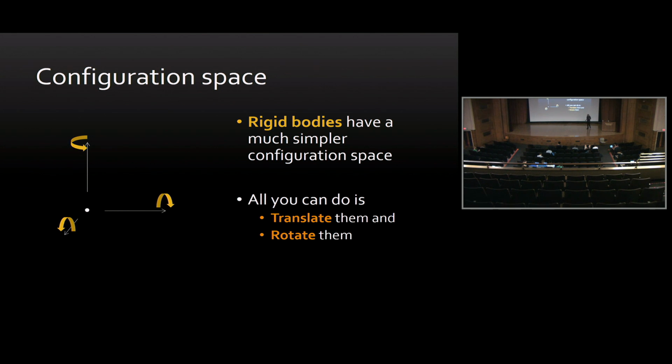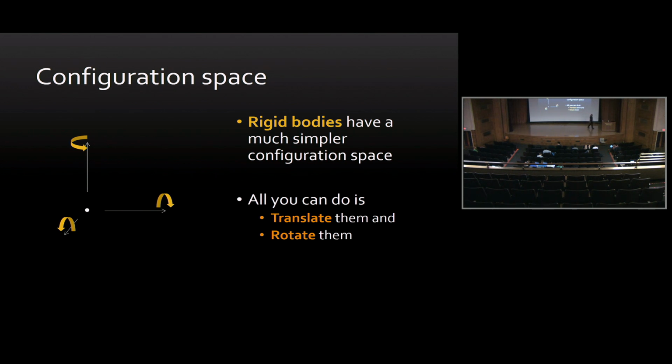When we think about objects in 3D in games, we're usually thinking about rigid bodies or articulated rigid bodies, i.e. stuff like this. And rigid bodies, single rigid bodies that aren't articulated, what you can do with them is translate them and rotate them.